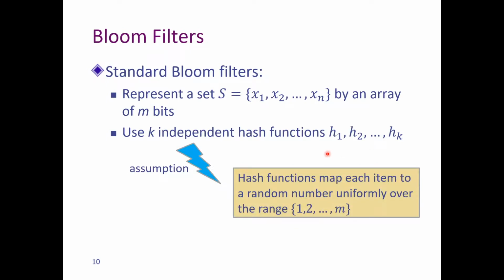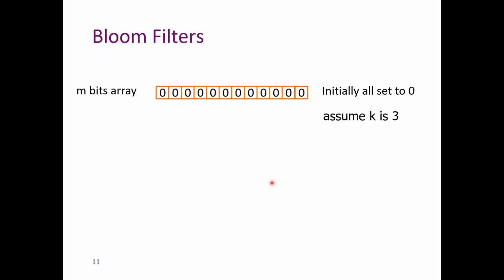The assumption is that the hash function should map each item to a random number uniformly over the range 1 to m. So we have an array of m bits. That means each hash function should map the item to a random position on this array. Okay, so here's the array. We have m bits. Each bit is either 0 or 1. Initially, we set all bits to 0.